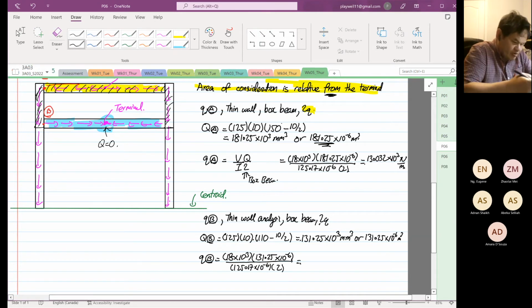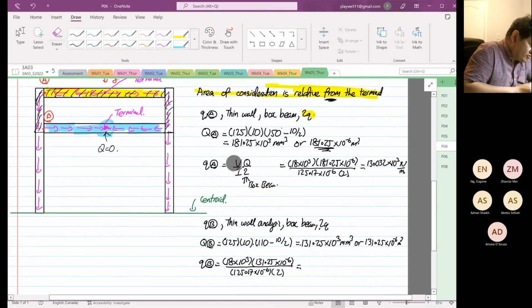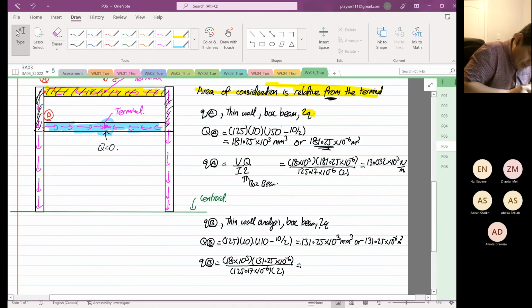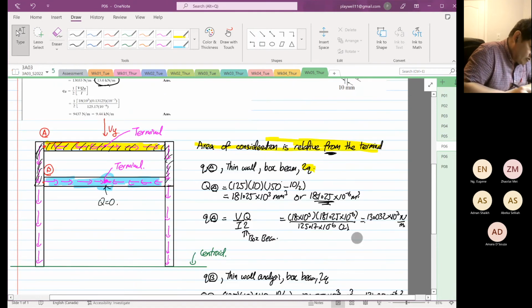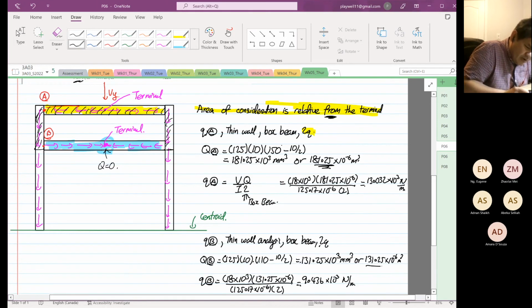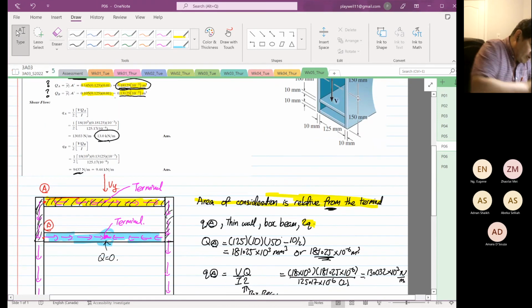So that is equal to 9.436 times 10 to the power 3 Newton per meter. Okay, so they got 9.437, and the first moment of area is 131.25. They also got 131.25. I did not look at their numbers to do it.